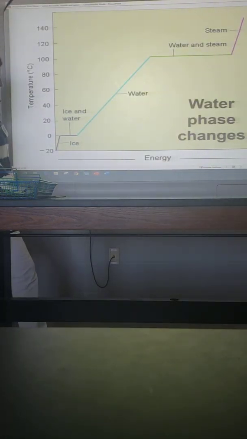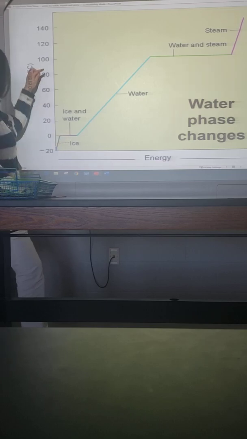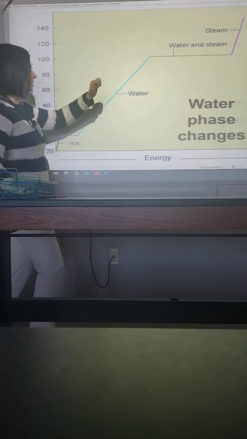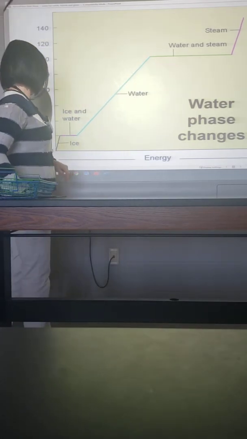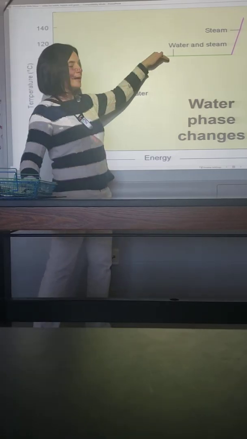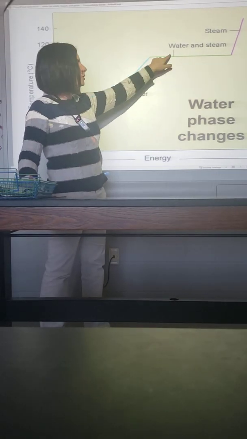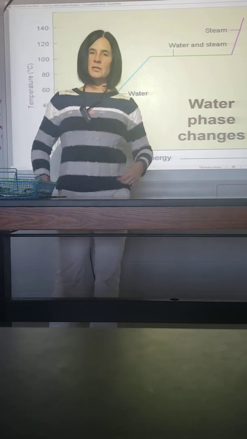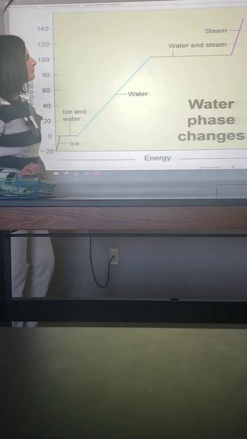Okay, another way to look at this, here we have our special temperatures, right? 0 and 100, we see that start our phase changes. So phase change here, phase change here. Okay, we have water and ice, water and steam, which is our gas version. Two phases, plateau, that means a phase change is happening. That also means that's where our potential energy is changing.